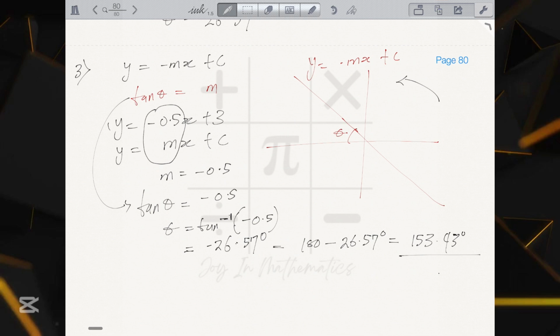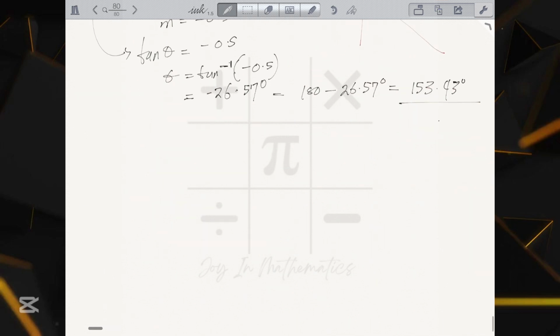Now there are special cases. We understand that the equation of the line is y equals mx plus c. But when x is equal to 0, we have y equals c. And this shows that we have a horizontal line.